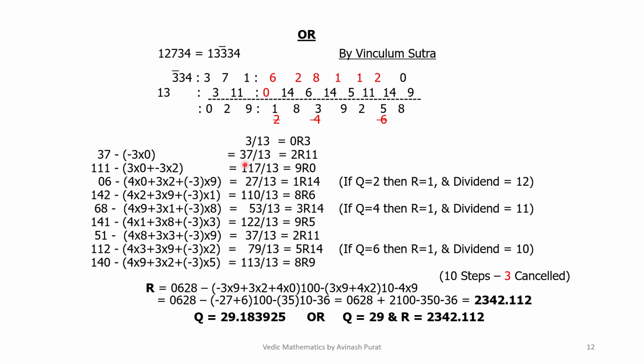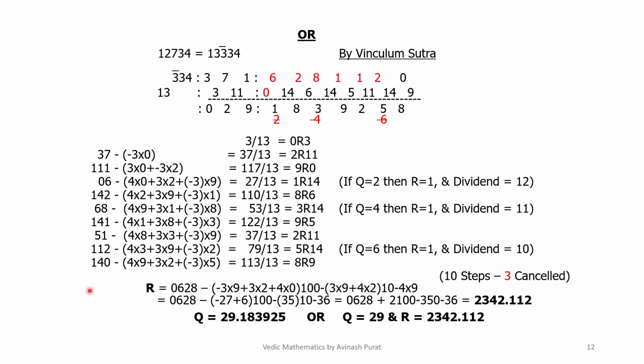So 51 is the next dividend minus 4 into 8 plus 3 into 3 plus minus 3 into 9 equal to 37 by 13, that is 2 is quotient and 11 is remainder.